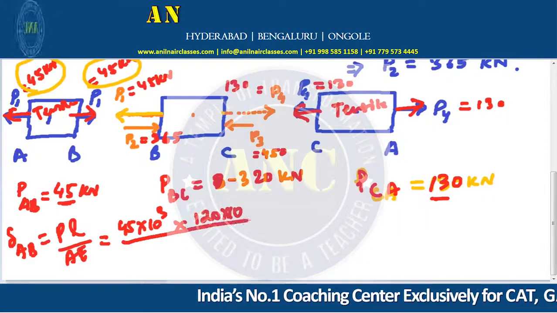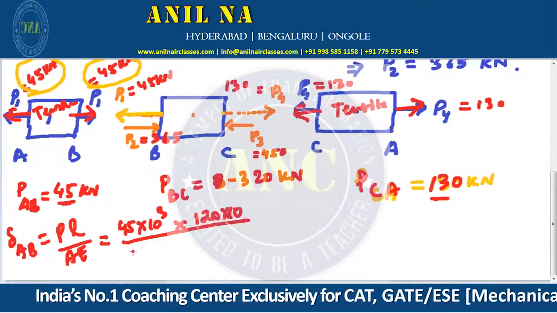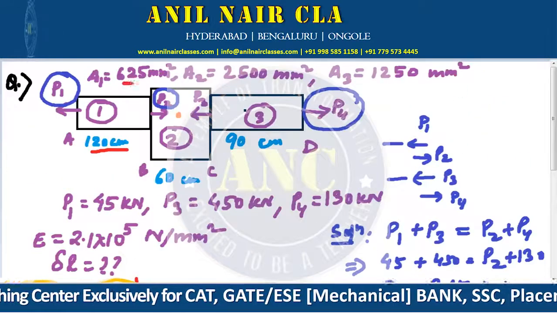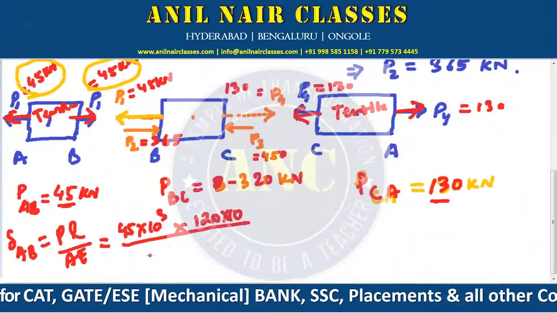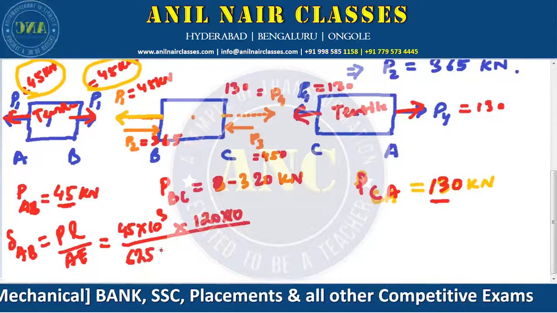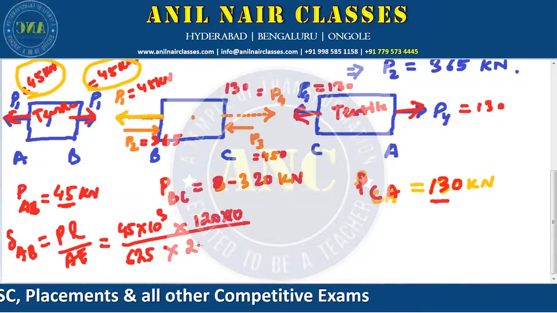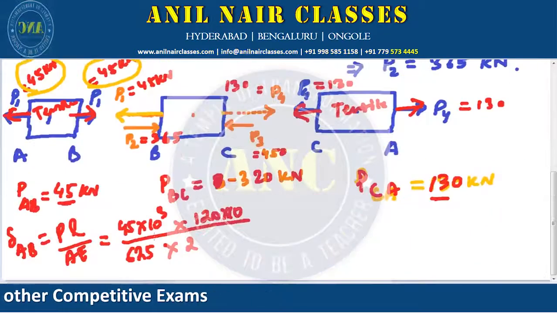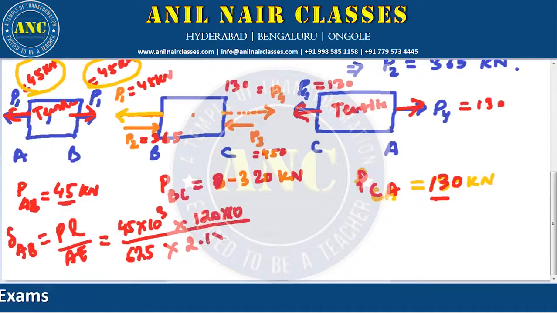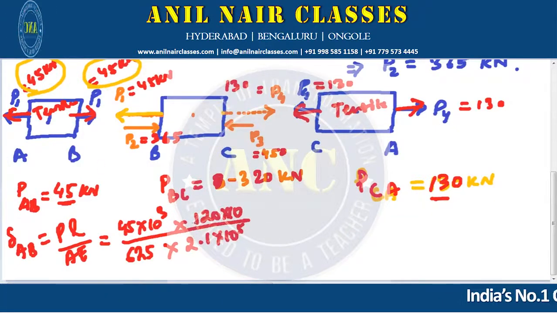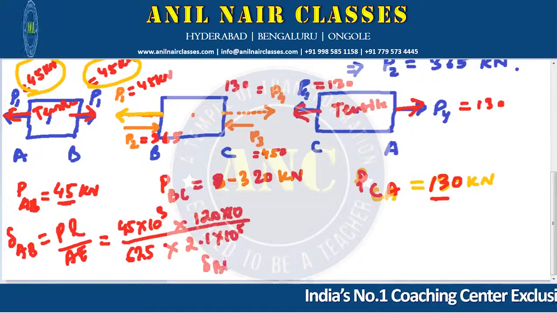So 1200 mm. Area is also given, area is 625 mm square. So this is 625 mm square, and E is 2.1 into 10 to the power 5. We'll get some value.